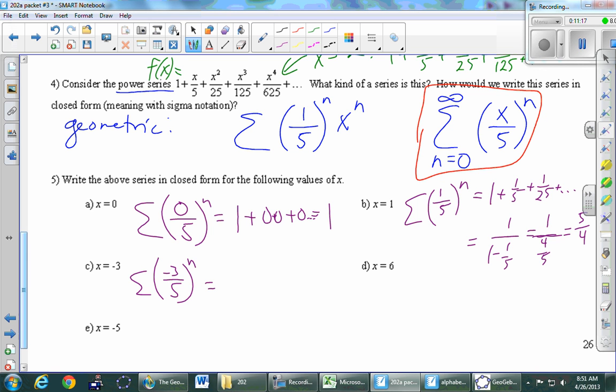All right, let's write out a few terms. What's the first term? Going back up to the x version, 1, x is -3, so -3 fifths. What's the next term? This x squared over 25. It's a positive 9 over 25. Next one. Minus 27 over 125.